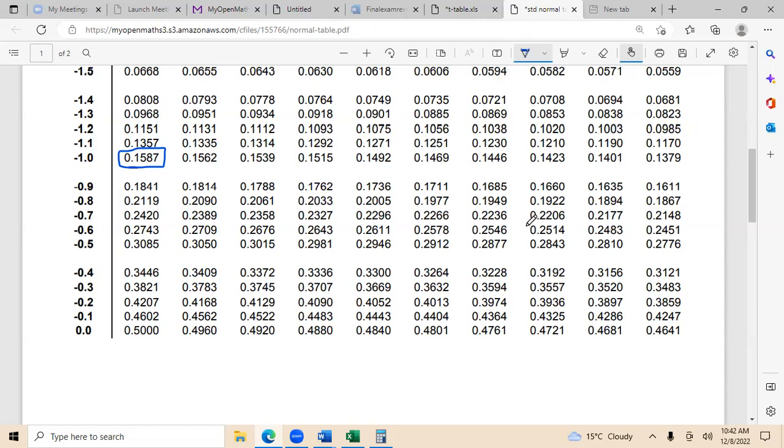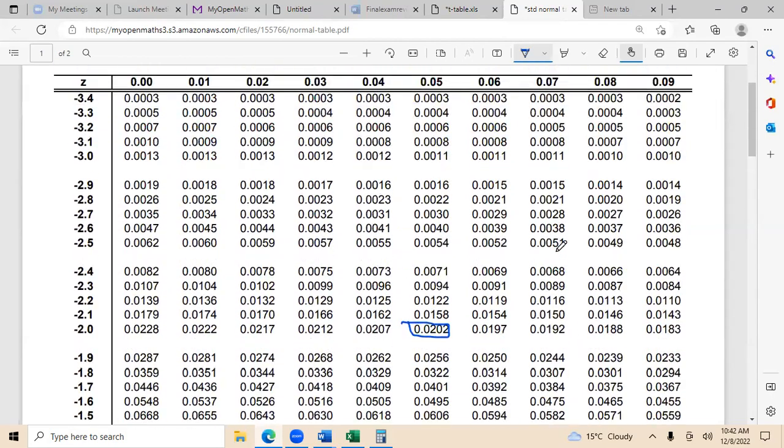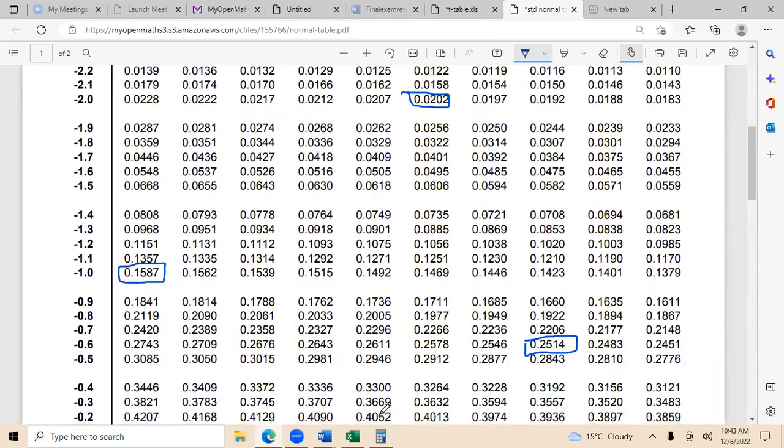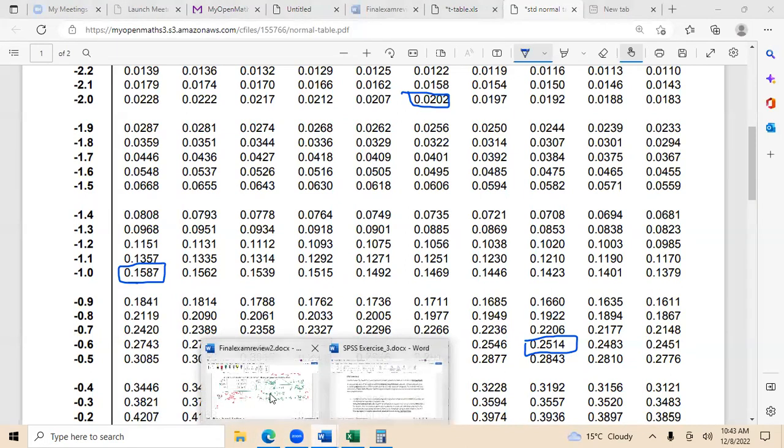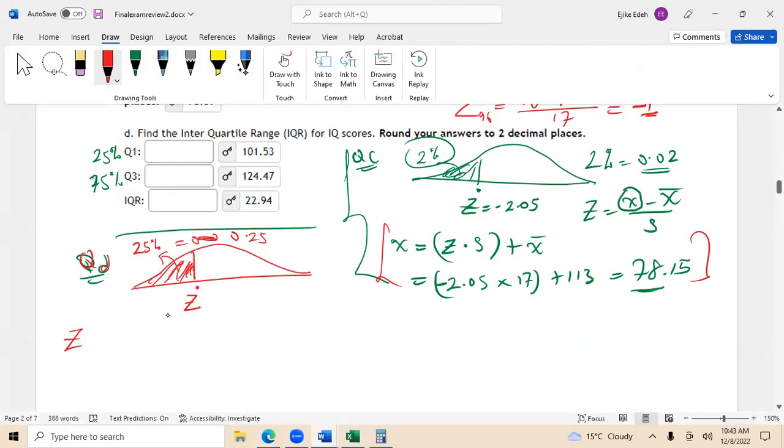So I'm going to stay with this one. This is under negative 0.6 and 7. So your Z value is negative 0.67. Okay. So just as before, plug in and you get the same answer.